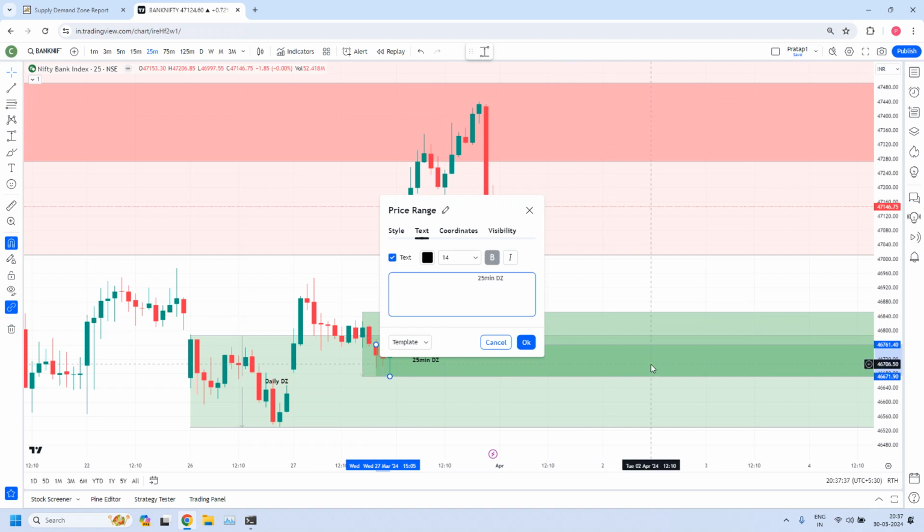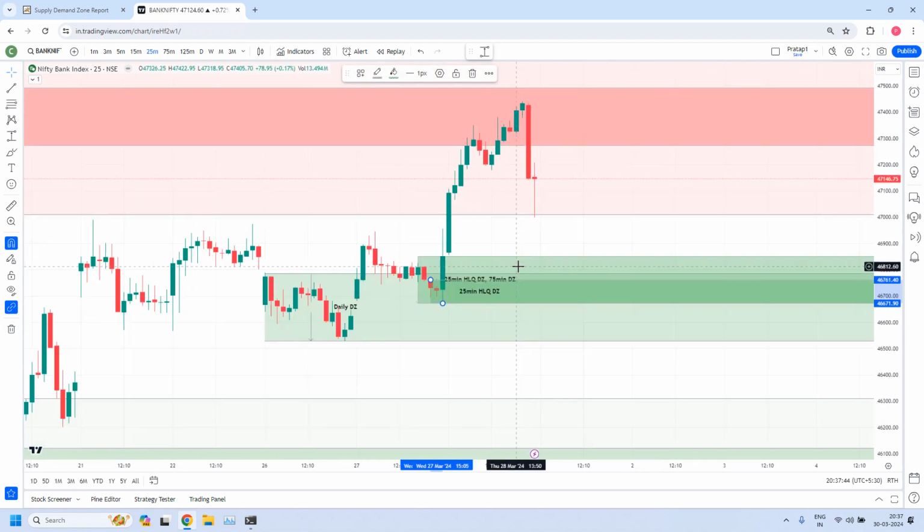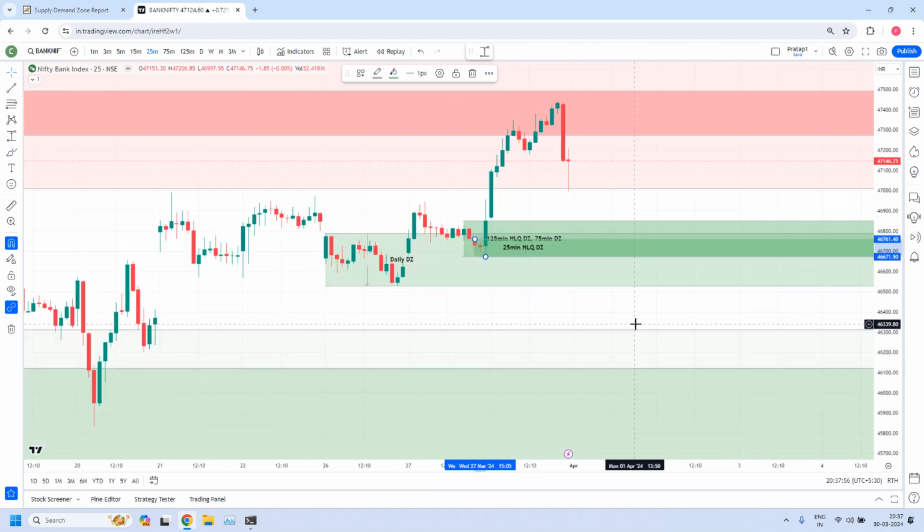This is high liquidity. See how this zone is getting fine-tuned. Inside the daily zone, we have a 75. Inside 75, again we have 25. Probably this could be 15 also. That we will check once we get into the next time frame.